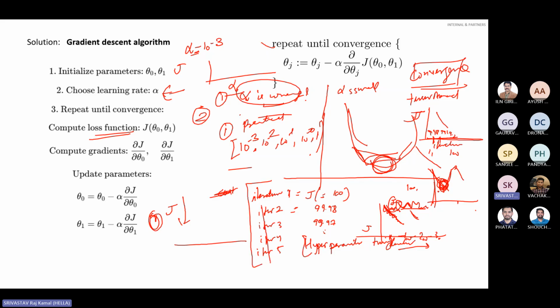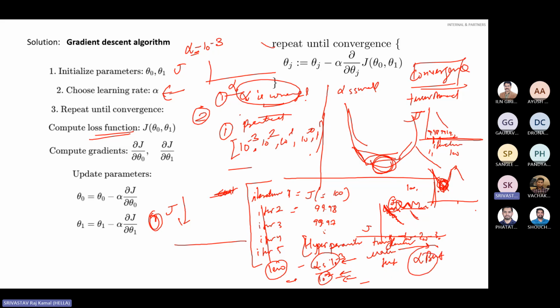Suppose we iterate 1,000 times; we do the same with alpha equal to 10 raised to power minus 3, and minus 2, and so on. We do it with all the alphas, evaluate on the test set, and finally choose the alpha which gives us the best result. That becomes the best alpha chosen.